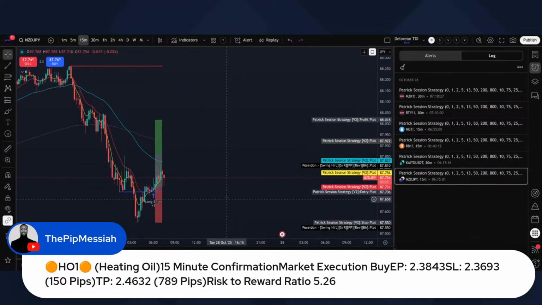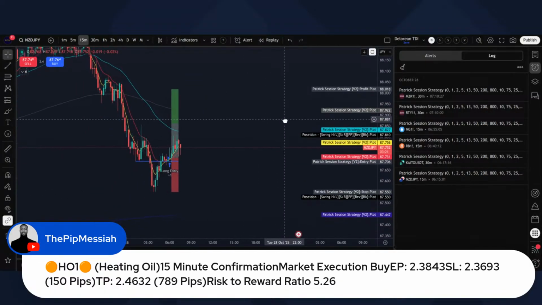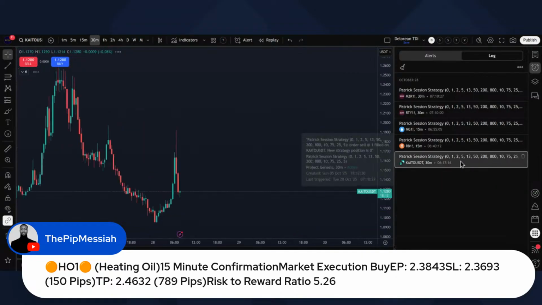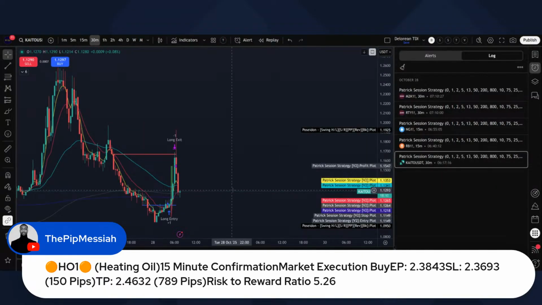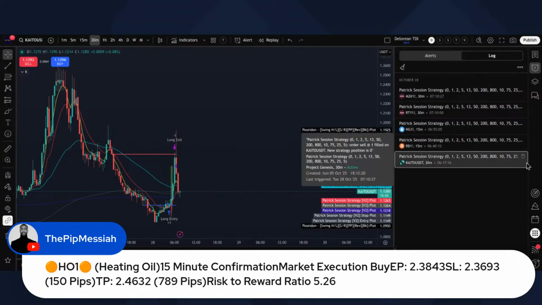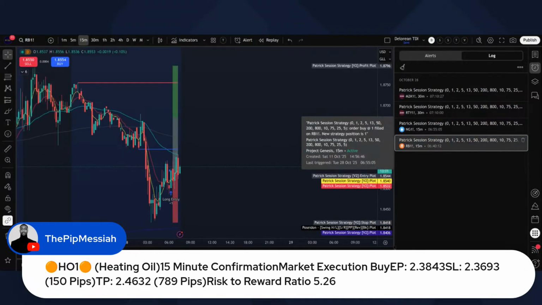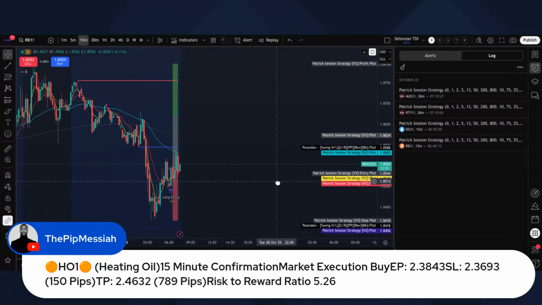And we have New Zealand dollar versus Japanese yen. This is not the configuration we want. We have gray, aqua, blue. That's consolidation. We won't be entering that trade. We have Kaito versus the United States dollar on the 30-minute that already hit take profit. And we have RB1, which is another futures.